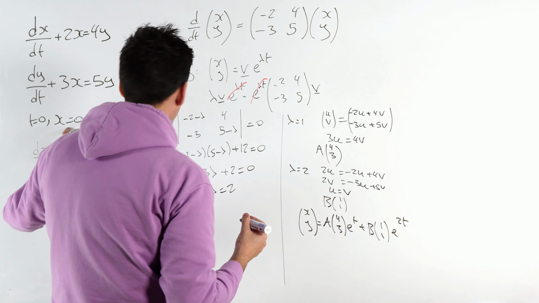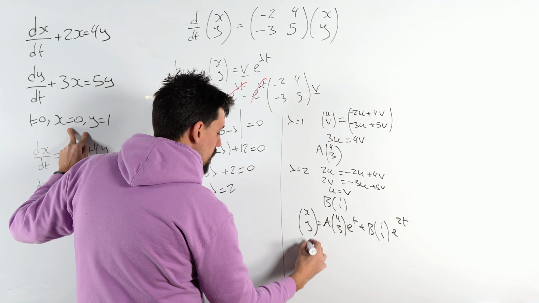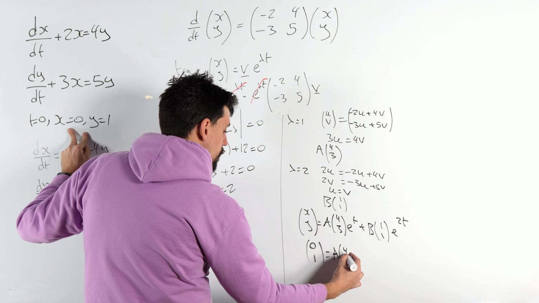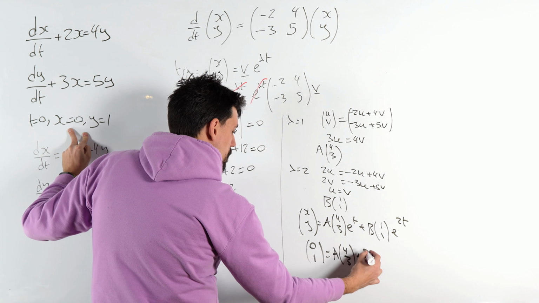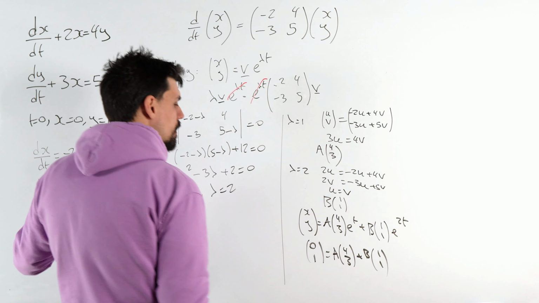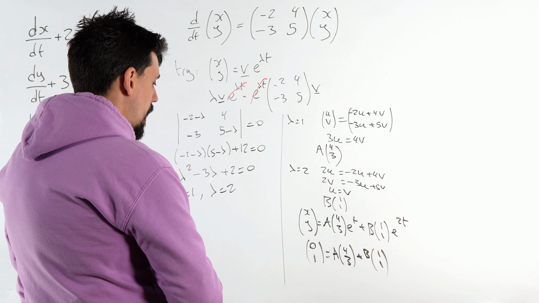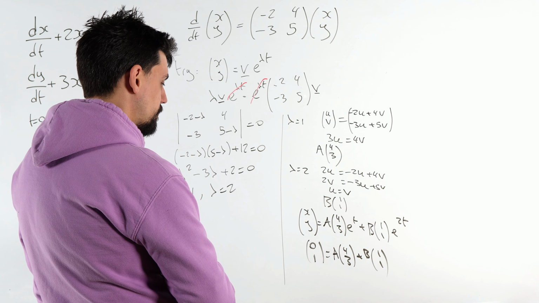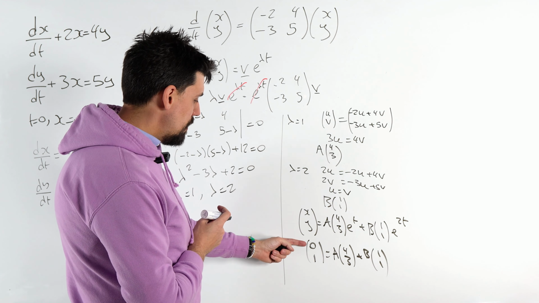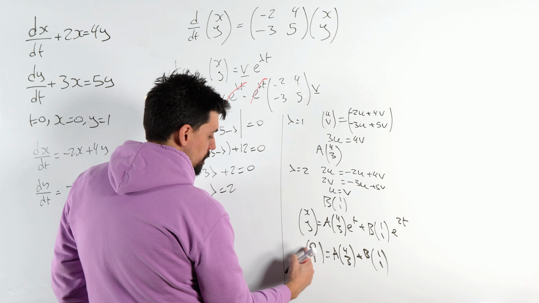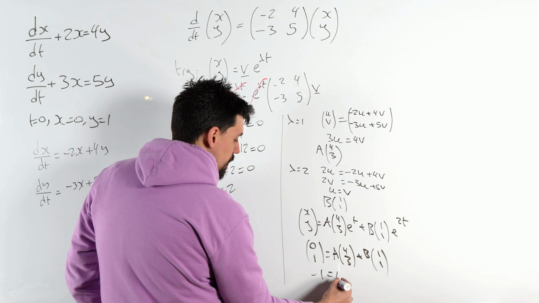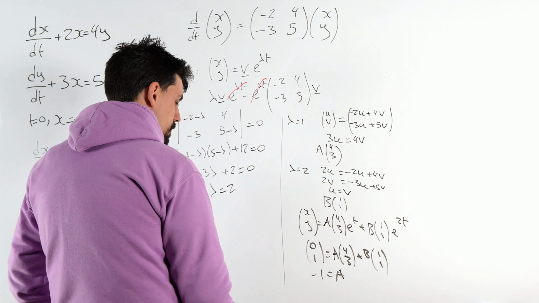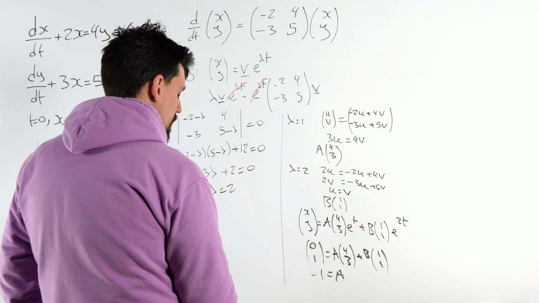When t is 0, x is 0, y is 1, so (0, 1) is equal to a times (4, 3) plus b times (1, 1). And we solve that. Do this line minus that line. Minus 1 is a, which tells me that b is 4.